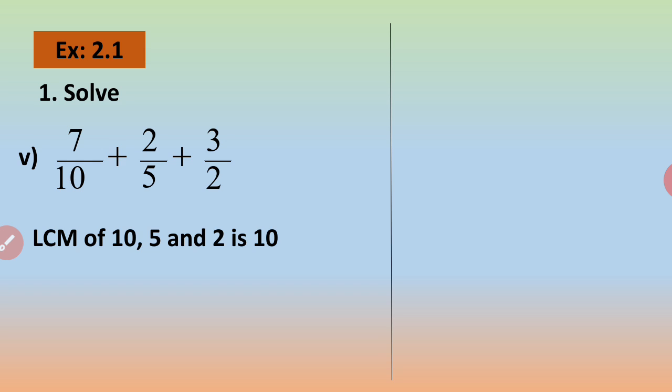Now start with its table, that is 10 ones are 10. Now 10 ones are 10 itself comes in the table of 5 as well as 2. That means you get the number 10 in the table of all the three denominators. So we select the LCM as 10.